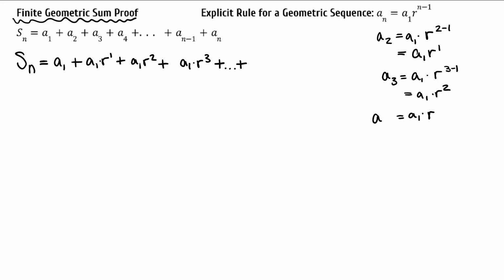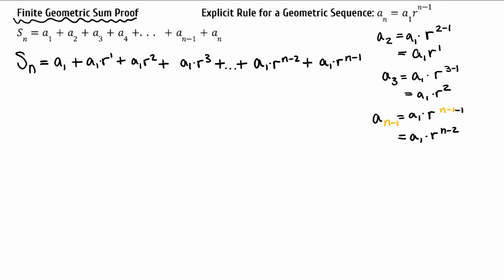What about if we plugged in n minus 1? That would be a sub 1 times r to the n minus 2. And a sub n is just the first term times r to the n minus 1. This formula is an equation. It's saying the sum of n terms is equal to the sum of n number of terms, and I can rewrite it as an equivalent equation if I do the same thing to both sides. So what if I multiply both sides by r?